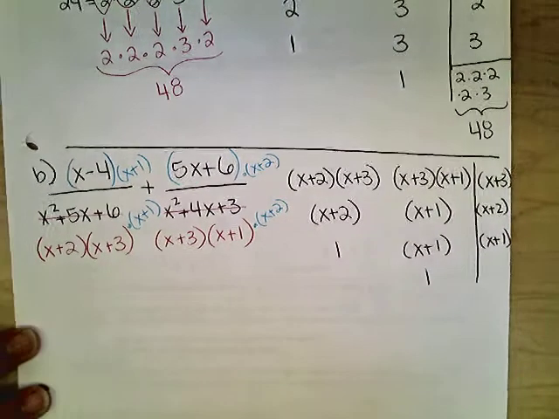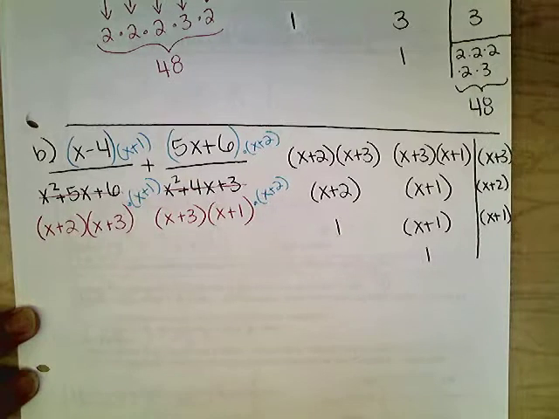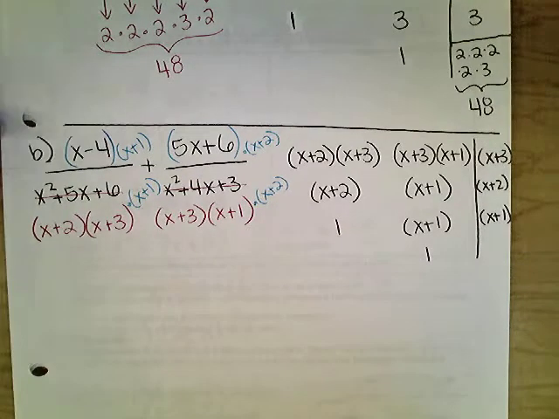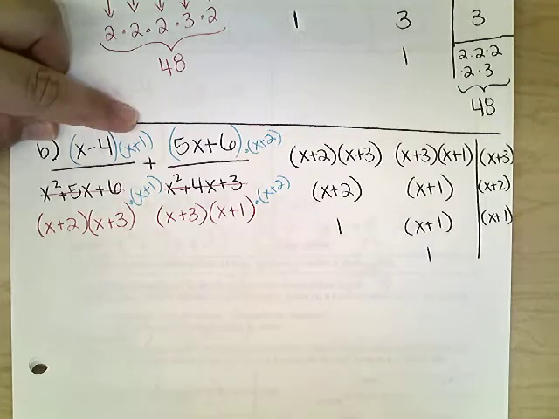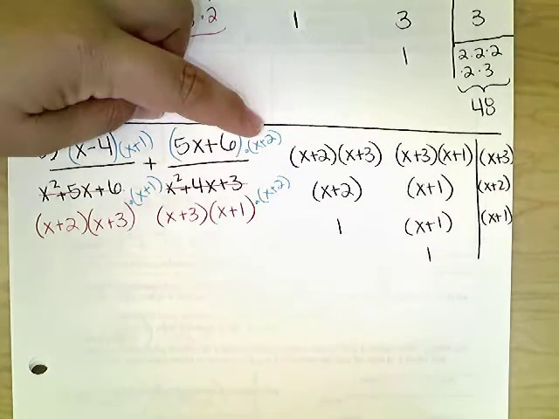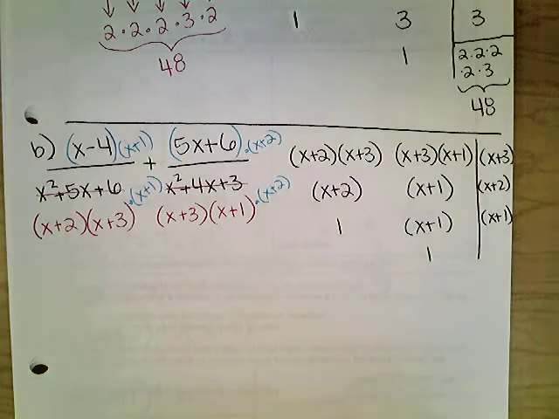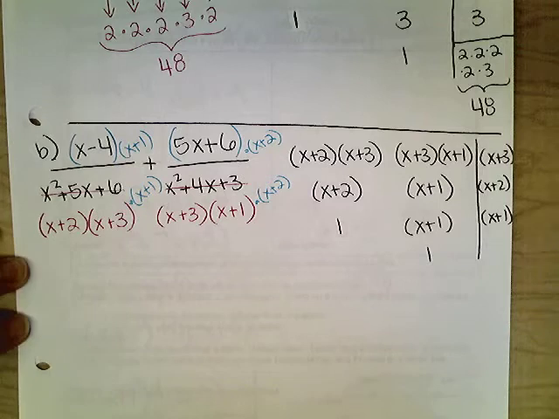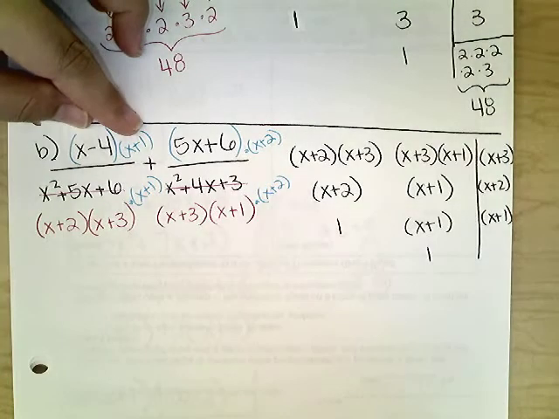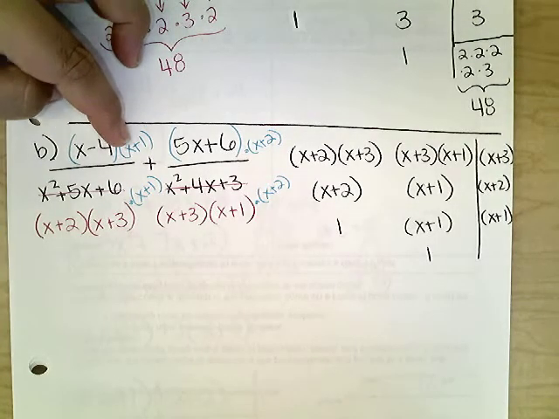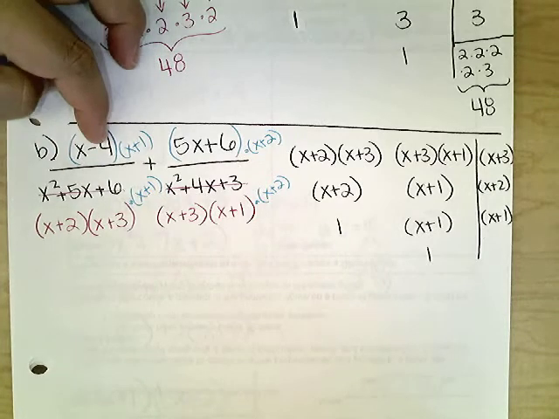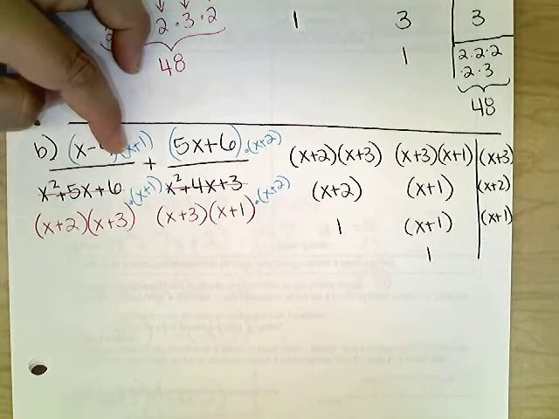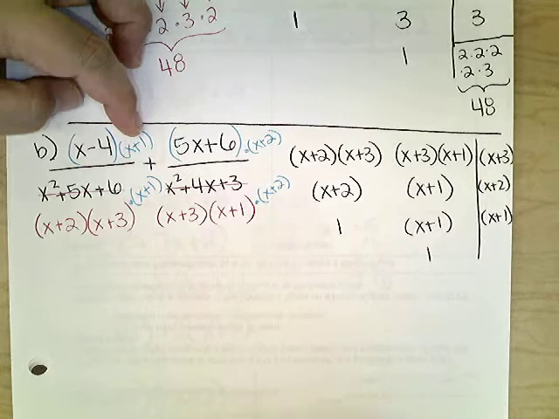Now we're going to rewrite these fractions to have a common denominator. Now you'll notice in each of our numerators we have a binomial times a binomial and a binomial times a binomial. So we want to FOIL in each case. So here when we FOIL, first x times x, outside x times positive 1, inside negative 4 times x, and then last negative 4 times positive 1.